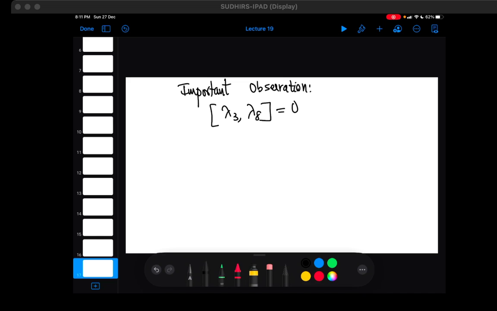They commute with each other, so they can be diagonalized simultaneously, and thus they can be used as labeling operators.